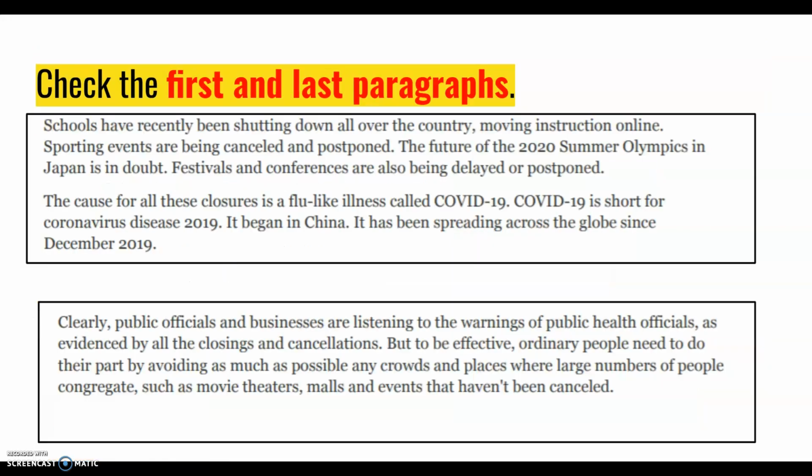A final strategy is to review the first and last paragraphs, because often the author starts and or finishes their text by stating their purposes. I want you to take a few seconds and you can pause this video to read the first paragraphs and think, is the author explaining and informing or emphasizing and persuading?